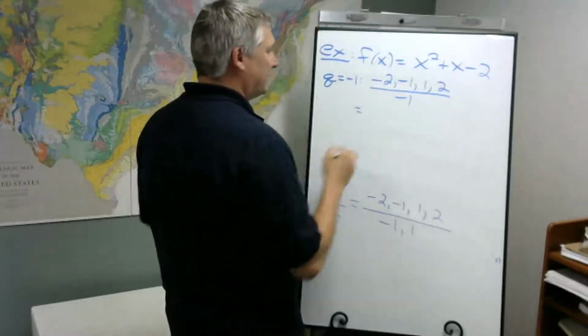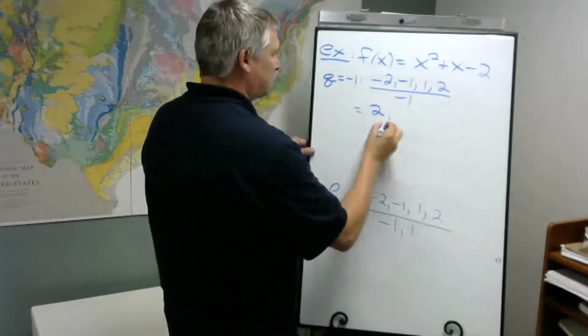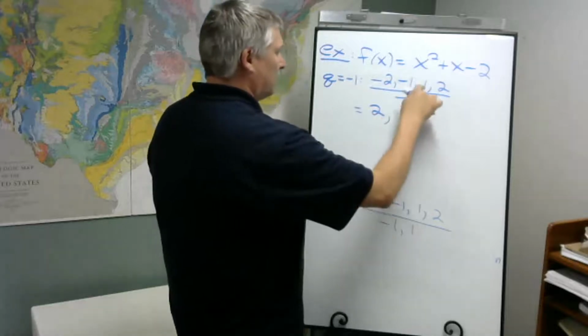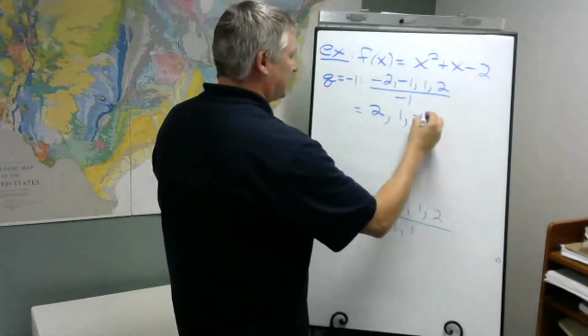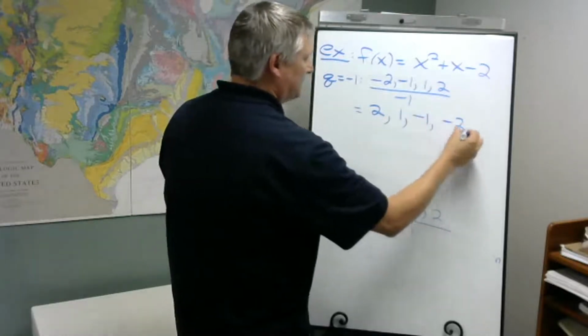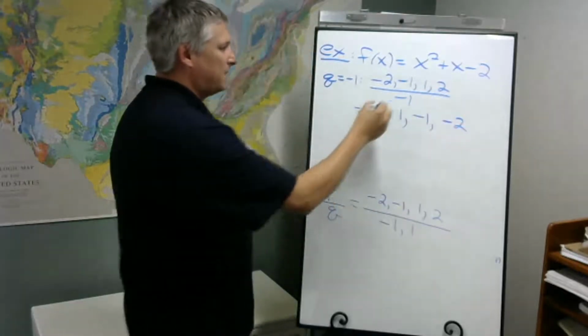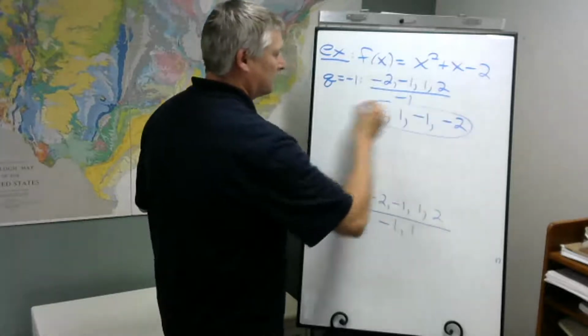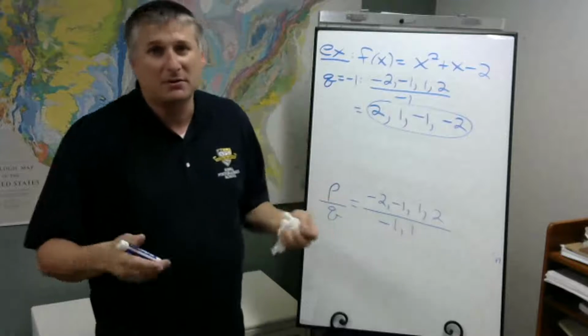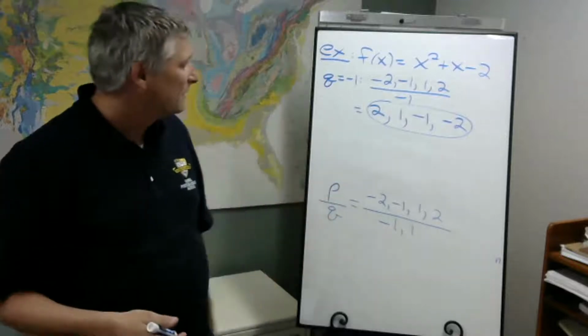So -2 divided by -1 is 2. -1 divided by -1 is 1. 1 divided by -1 is -1. 2 divided by -1 is -2. So these are possible zeros. And they didn't turn out to be fractional. They're fractions. They just have denominators of 1.